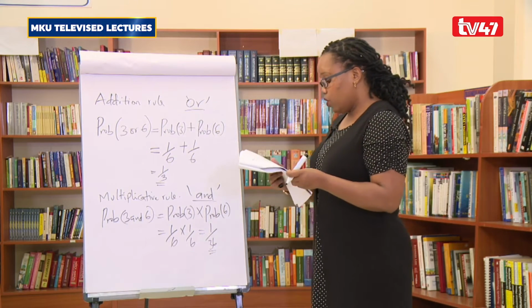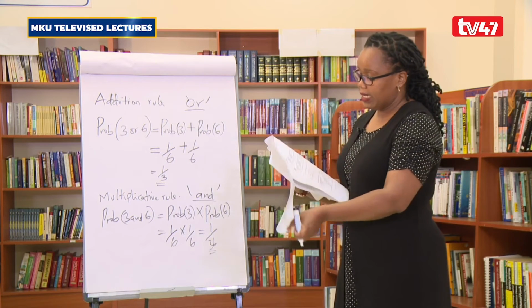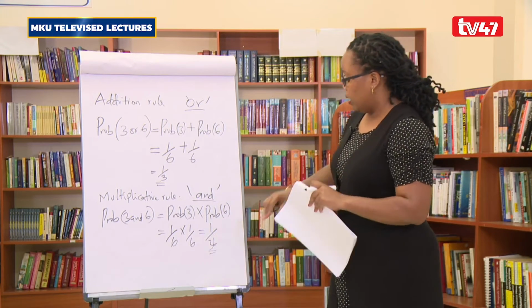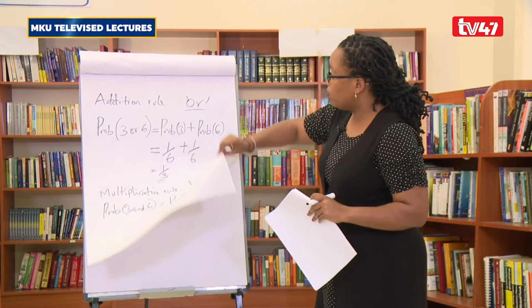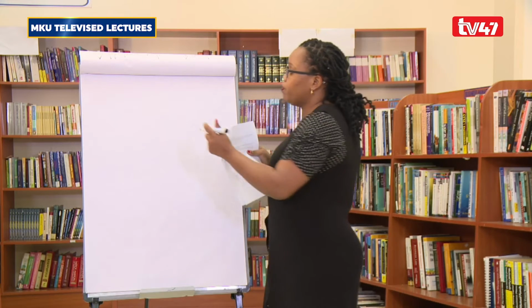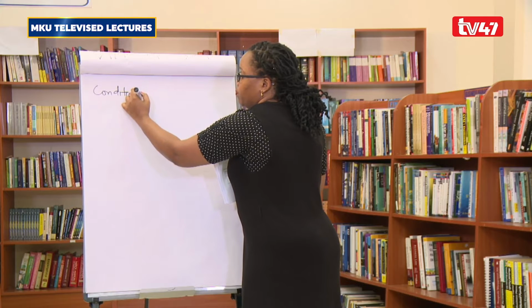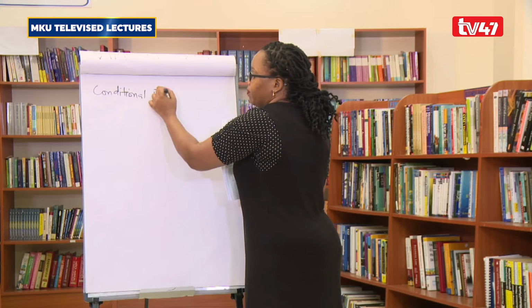Okay, then we go to the next rule, which we call conditional probability.